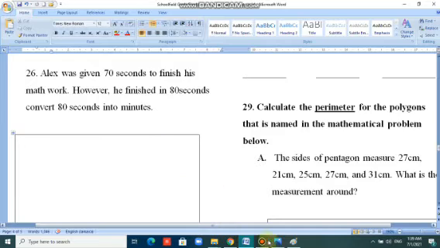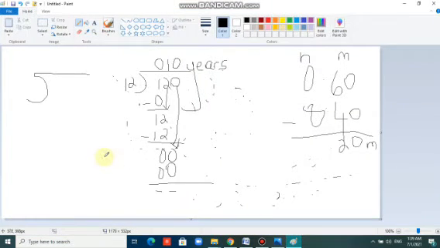Because we're converting from seconds to minutes, we divide. How many seconds make 1 minute? We have to know that first. 60 seconds make 1 minute, so we divide 80 by 60.